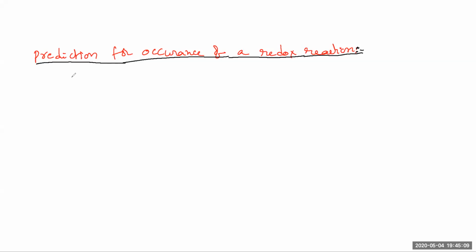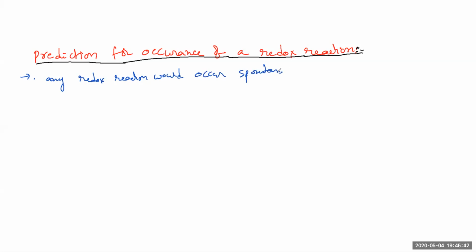Yeah, right. Any redox reaction would be, write all points. Any redox reaction occurs spontaneous.